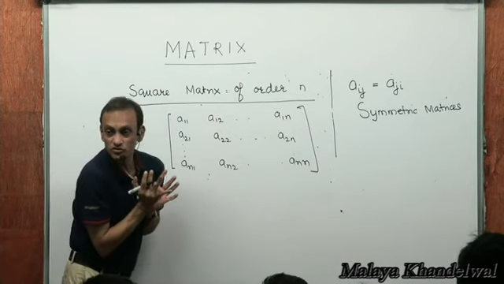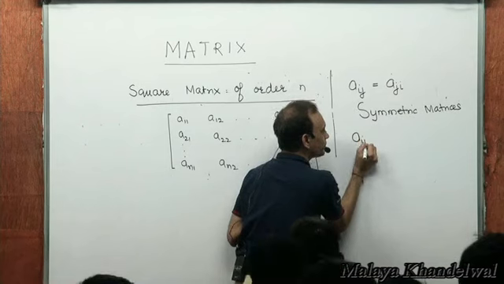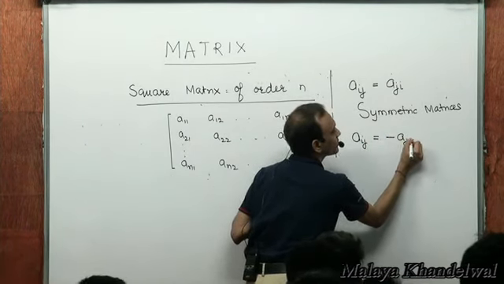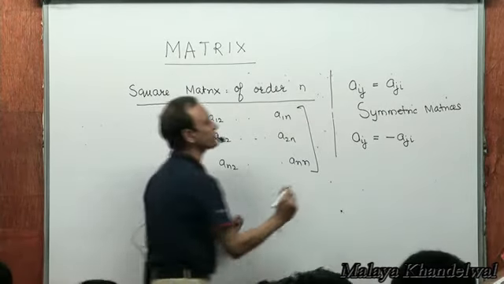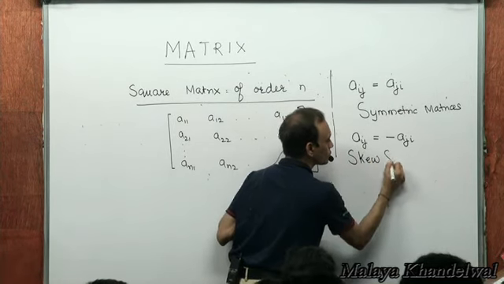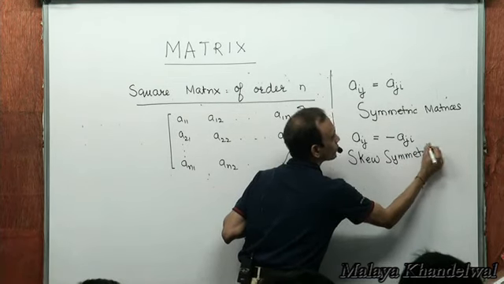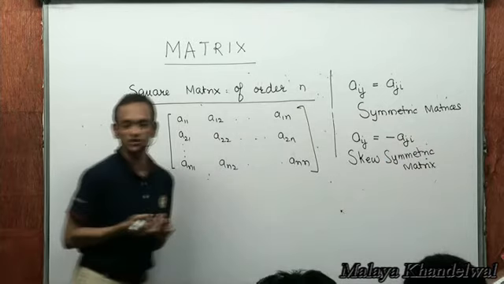These are symmetric matrices. If Aij is minus Aji, then that's called a skew symmetric matrix.